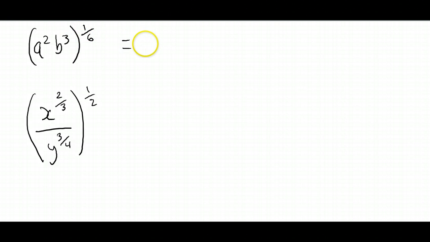If you go back to the first 6 index laws, the straightforward ones, we should know that we've just got to multiply this 2 by this fraction here. The power inside times the power outside. So it's going to be a to the power of 2 times 1/6, and that's going to be b to the power of 3 times 1/6.